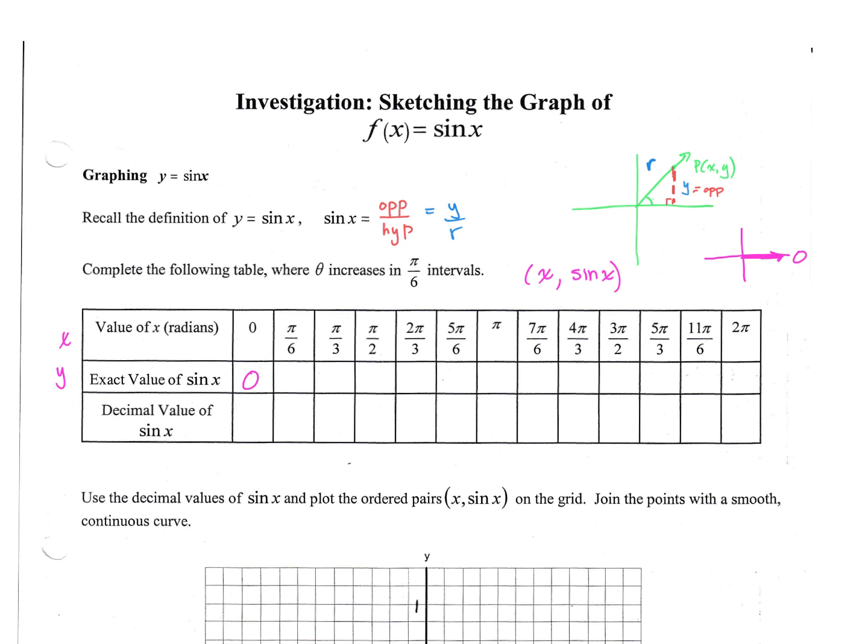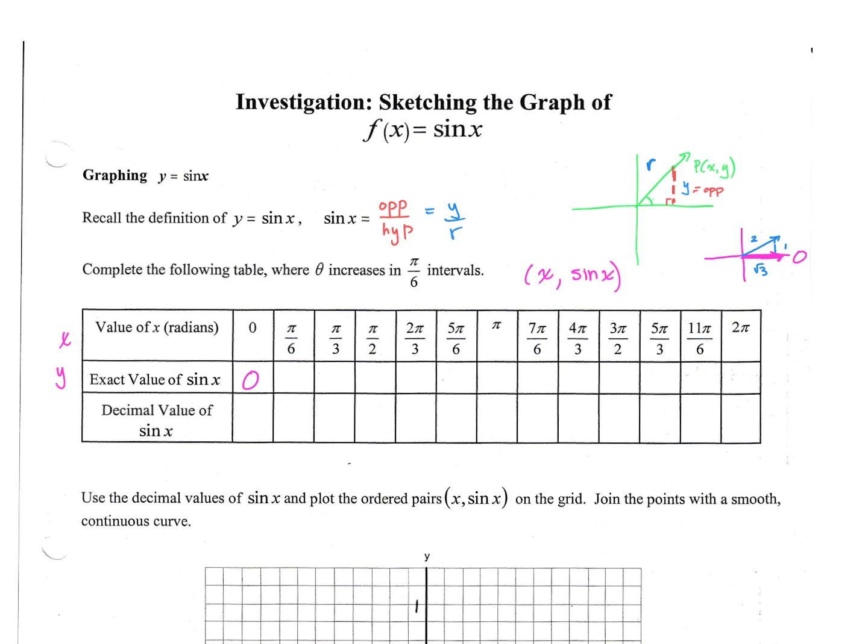We're going to continue to rotate around that unit circle. Now if I rotate, I have an angle of pi by 6. Across from my smallest angle is my smallest side length in my special triangle.